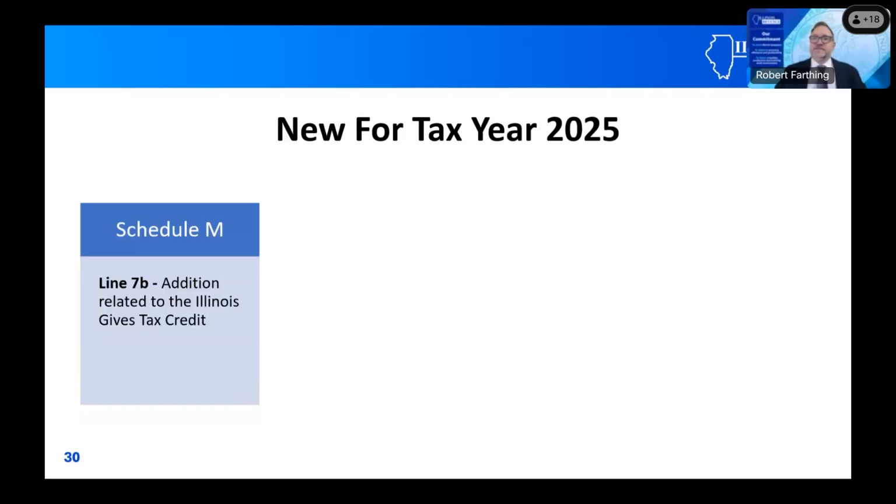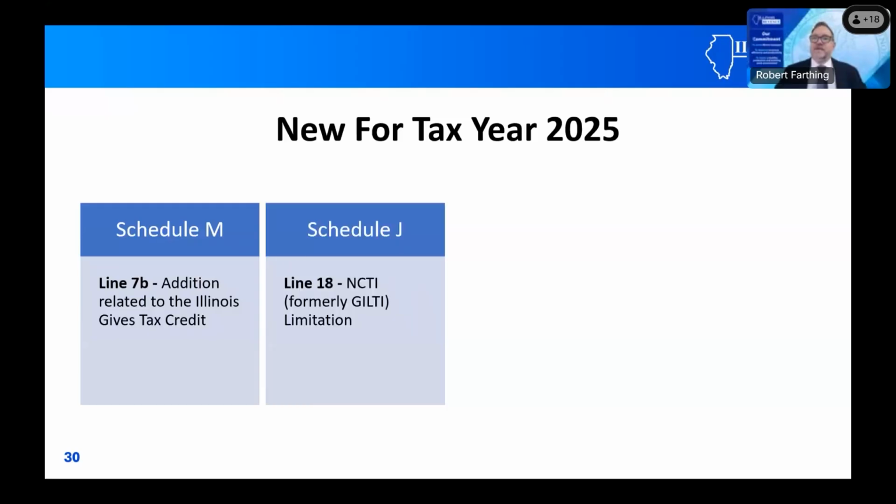The Schedule M, other subtractions and additions for businesses, has been reformatted to include a new addition line for any amount that was deducted from a taxpayer's federal income tax and which is attributable to an endowment gift for which the taxpayer receives a credit under the Illinois Gives Tax Credit Act. These amounts must be added back on line 7B.